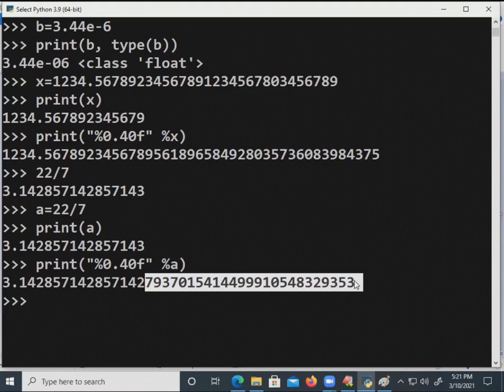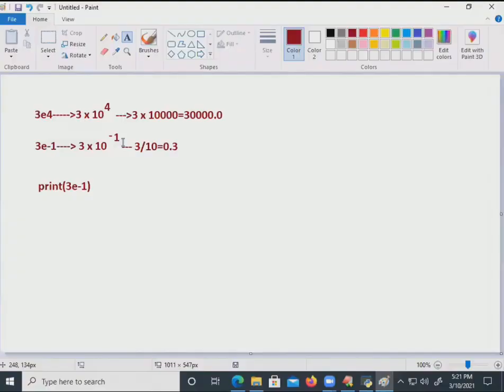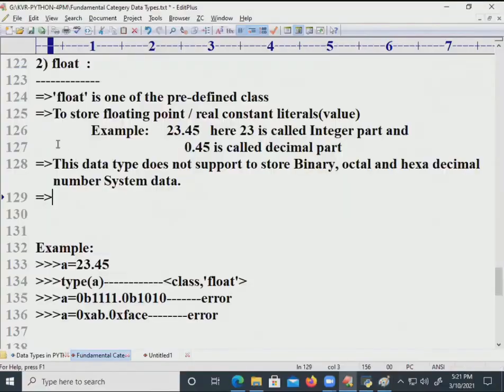Are you okay? So at this moment, you understand only one thing. With the floating point data type, we can represent scientific notation. So coming back to the point, this point I want to write. With this data type, we can store scientific data, floating point data.